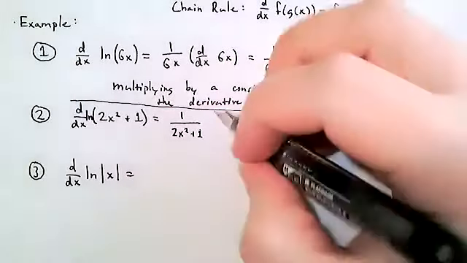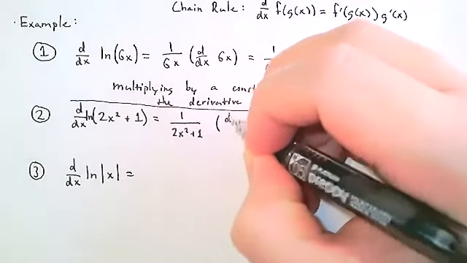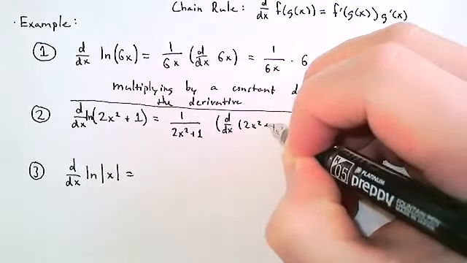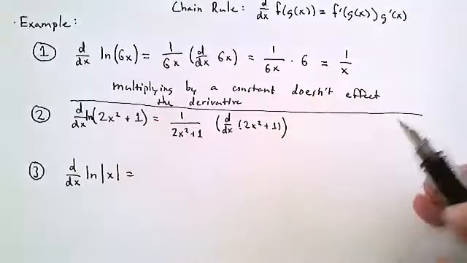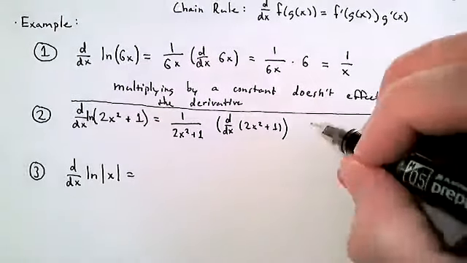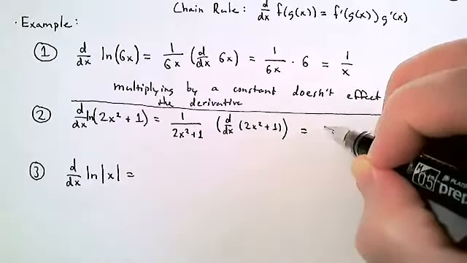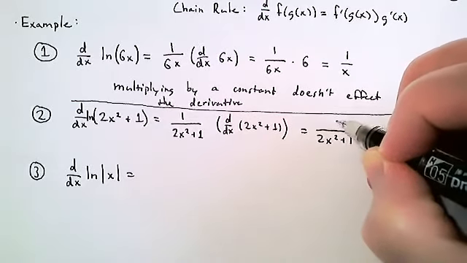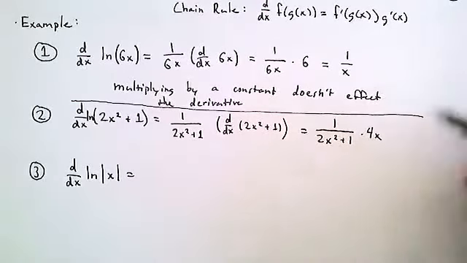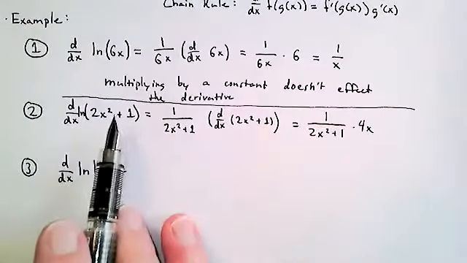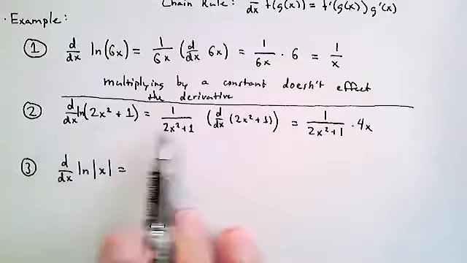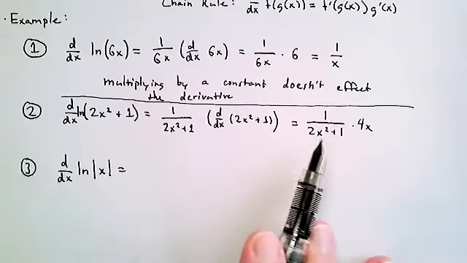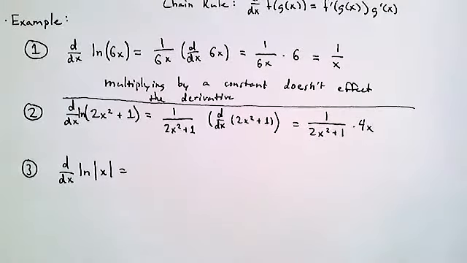And then we need the inner derivative. What's the derivative of 2x squared plus 1? 4x. Right. So when you have a more complicated function inside of your natural logarithm, you do get some extra stuff from your inner derivative. It's not just 1 over x anymore.